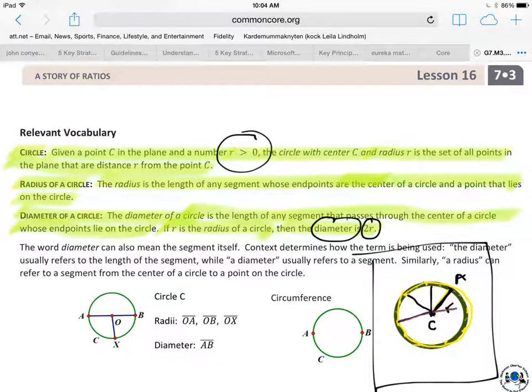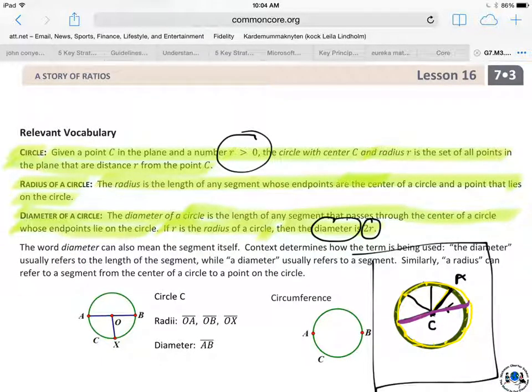This is a line of diameter right there. It goes fully across a circle, must pass through the center C. This is a line that goes across a circle but does not pass through center C. It has another name, we'll probably talk about that later on, but what it is not is a line of diameter.